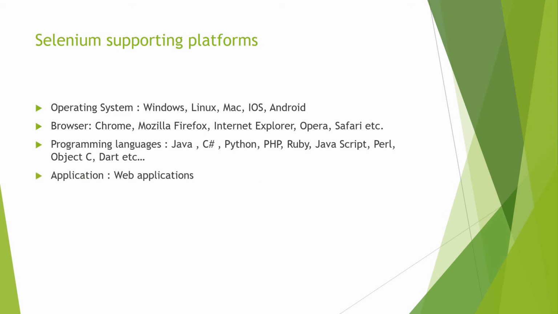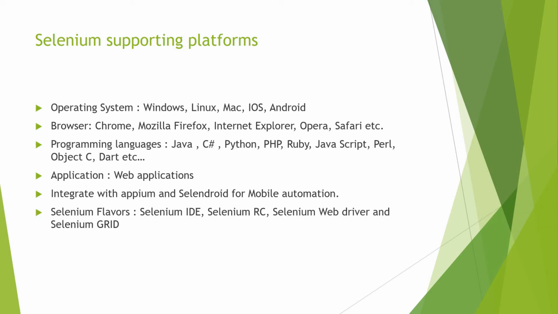Then the applications: we can automate web applications, and we can integrate with Appium and Sauce Labs for mobile automation also. And there are 4 flavors of Selenium: Selenium IDE, Selenium RC, Selenium WebDriver, and Selenium Grid.